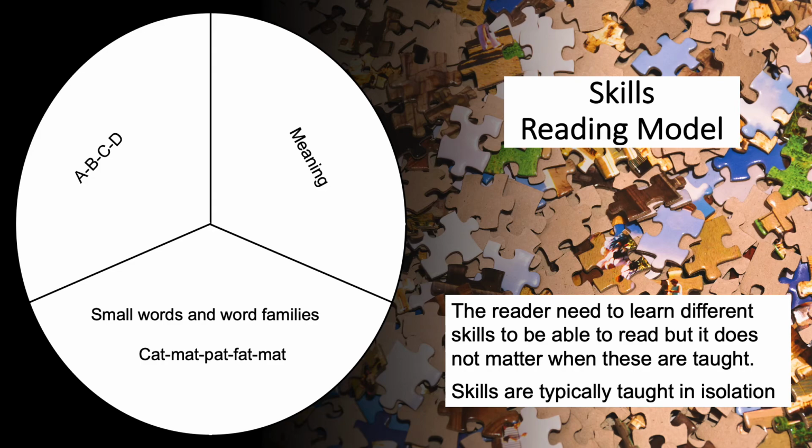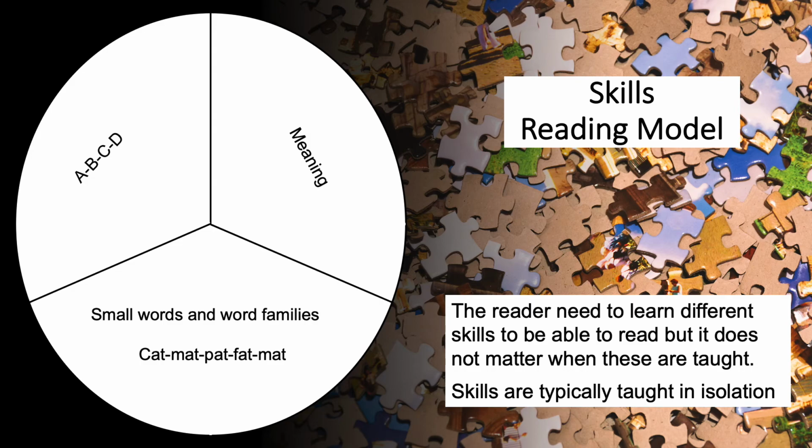And so we're still teaching in isolation, but we're combining them a lot sooner and using them together. This is the basis of our understanding of most basal readers, this idea of a restricted vocabulary. So children need to know the words before they can make meaning.